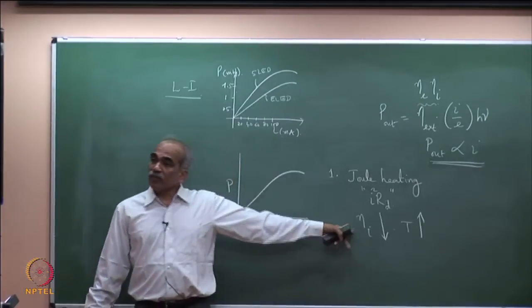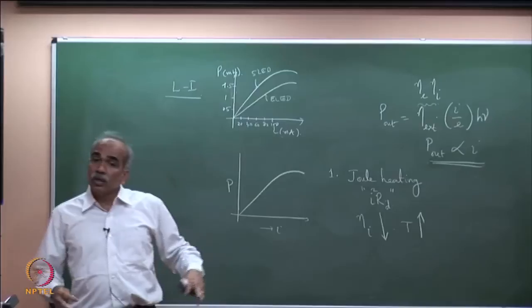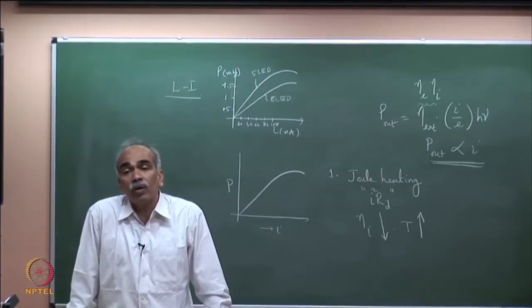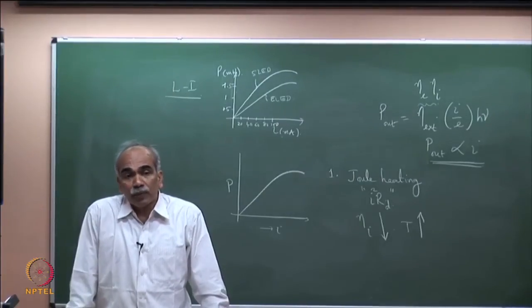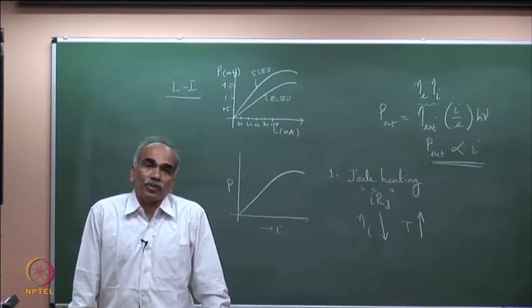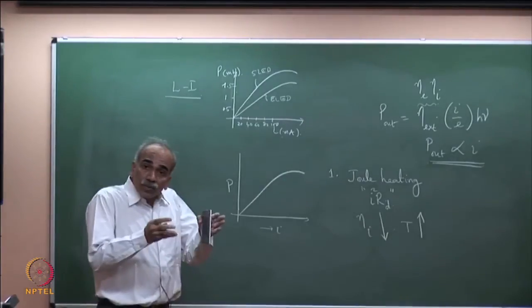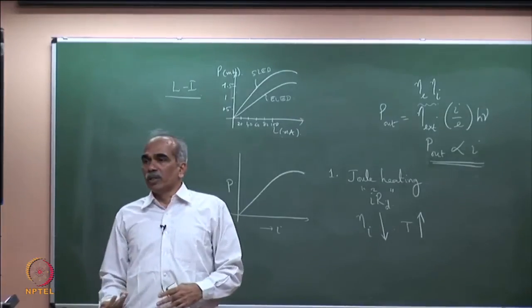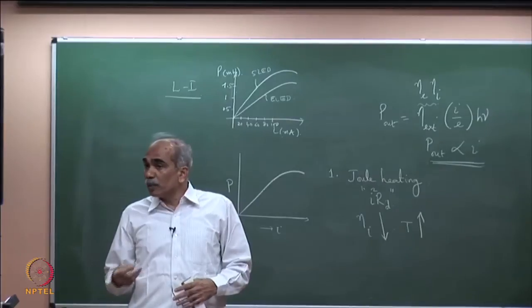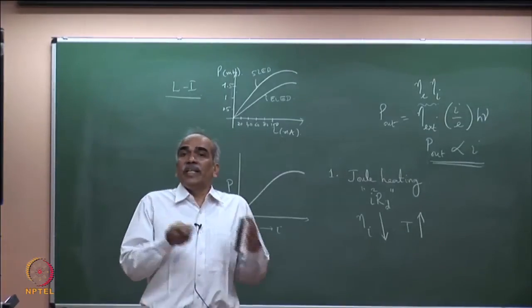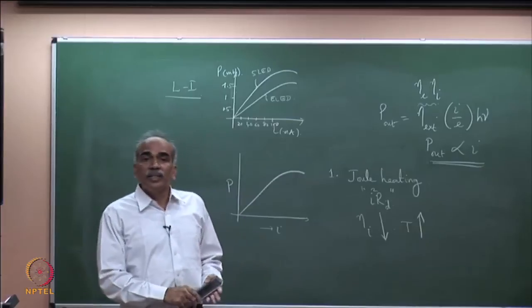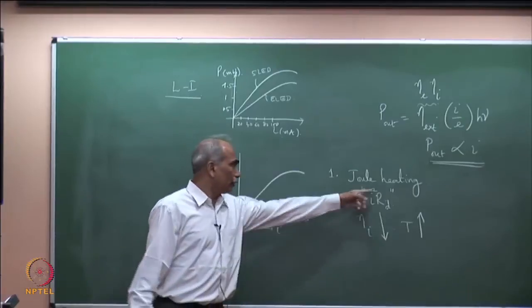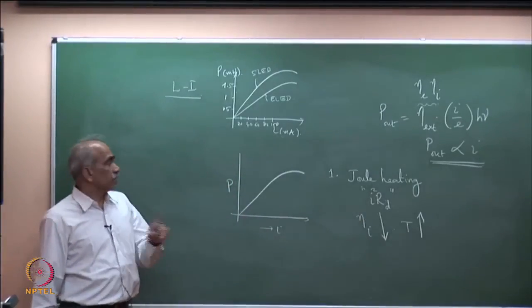The internal quantum efficiency drops because of the large amount of lattice energy or phonon energy, which is responsible for non-radiative recombinations. The fraction of non-radiative recombinations increases over radiative recombinations. Radiative recombinations are responsible for giving light. Non-radiative recombinations do not lead to generation of light, and therefore this is one of the first reasons.